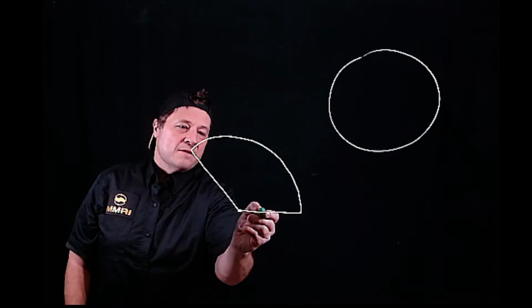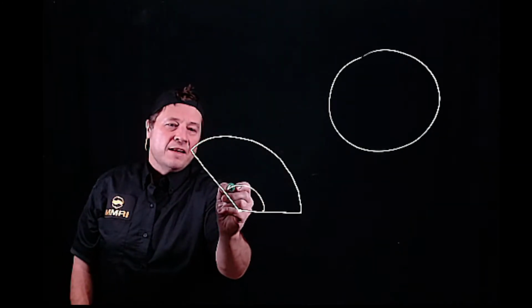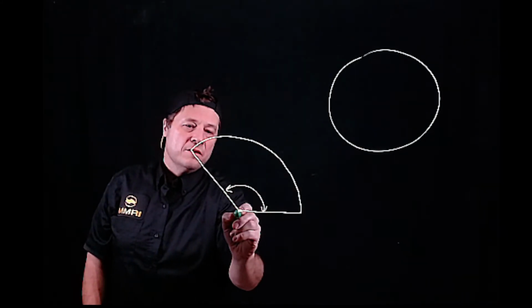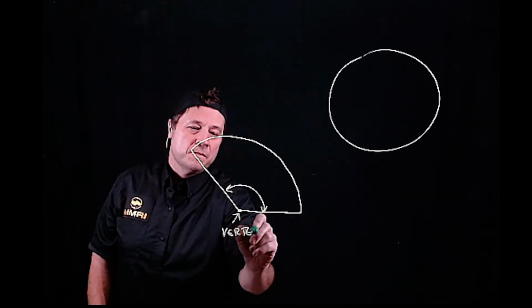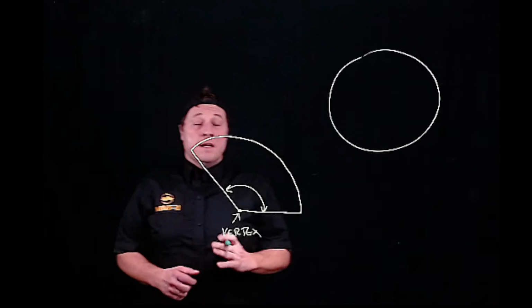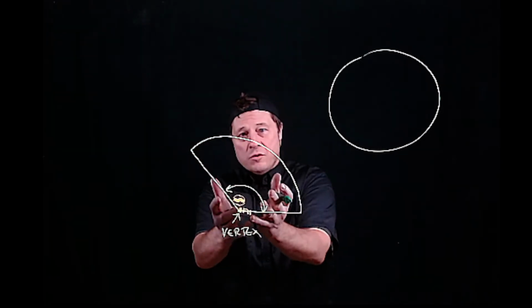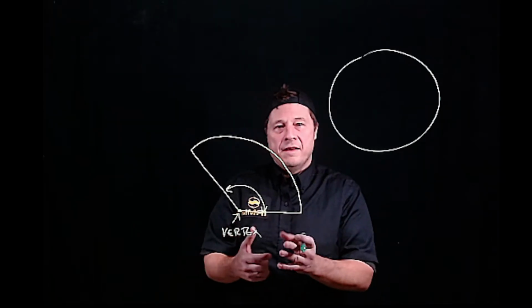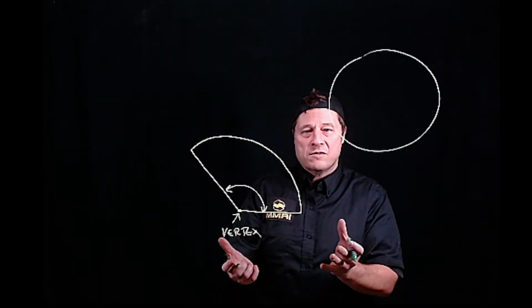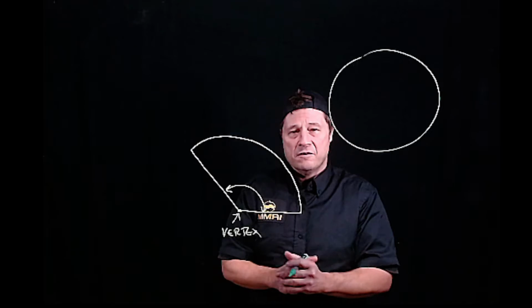So what I've done is create an angle where this point is the vertex. So this has a value, a measurement to it. Now, we don't know what that measurement is. We've just kind of thrown this together.